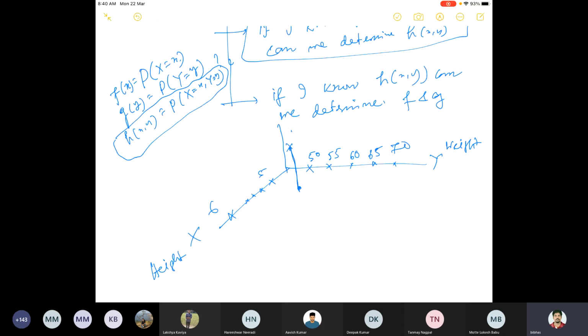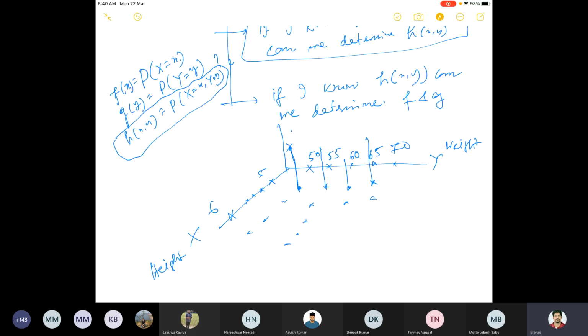Suppose I also know the probability that the weight is 55 and the height is 5. Something like this I know, and here also these values are known. Let's say these are possible sample points, and I know this.